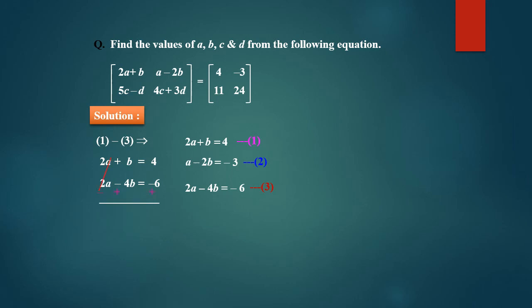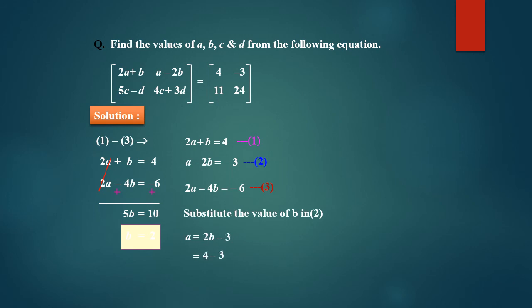On simplifying we get 5b equal to 10, or b is equal to 2. Next we substitute the value of b in equation 2. So a equal to 2b minus 3, a equal to 4 minus 3, or a is equal to 1.